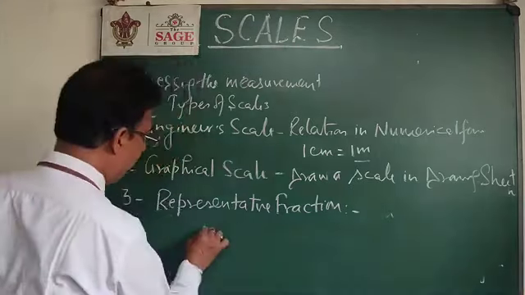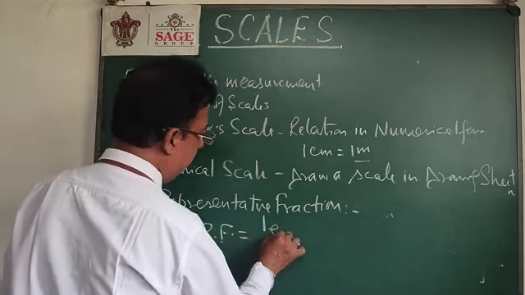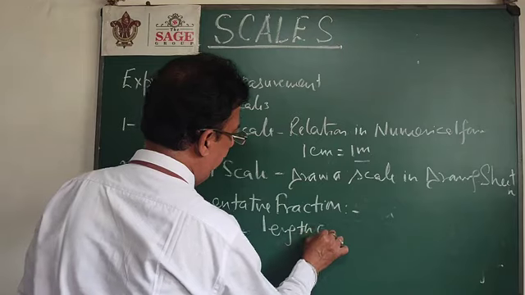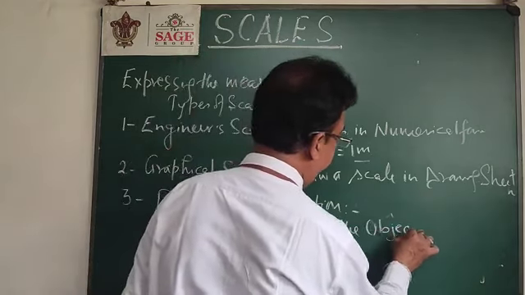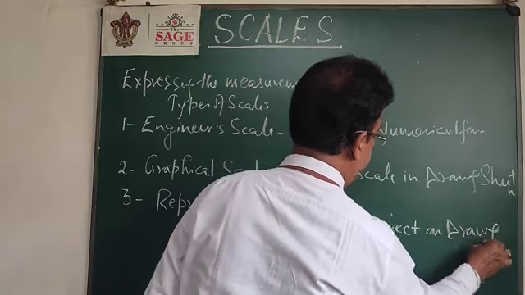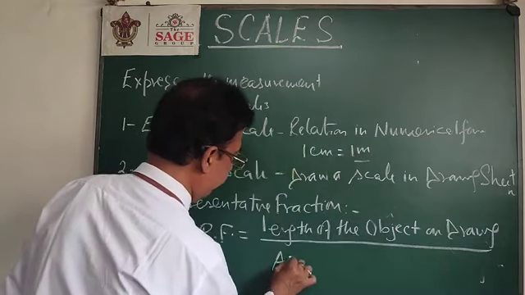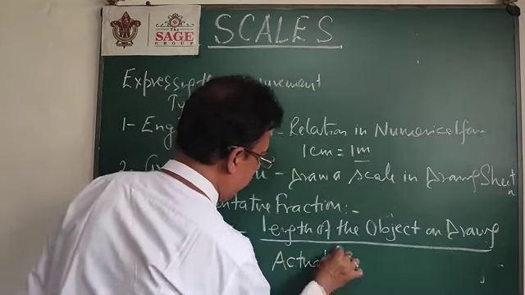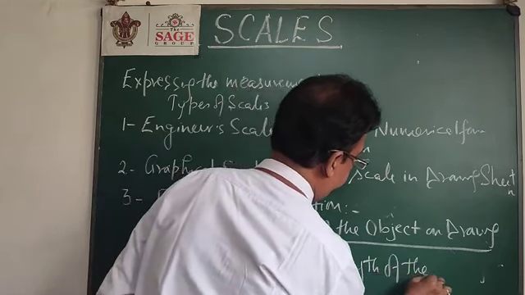Representative fraction, in short RF, is equal to the length of the object on drawing upon the actual length of the object.